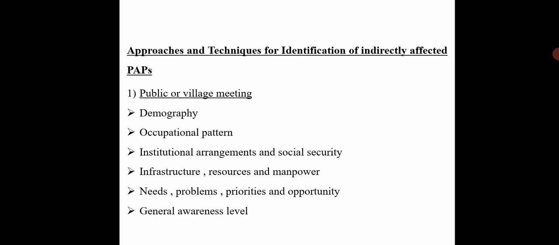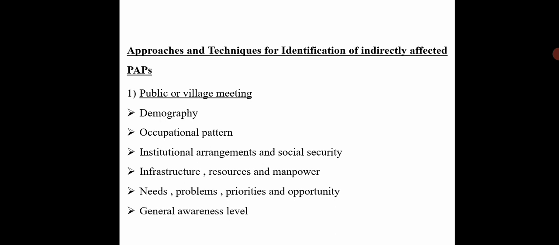Similarly, let us see the approaches and techniques for identification of indirectly affected persons. Public or village meeting. Via public or village meeting, we can gain some information like demography. Demography is nothing but the statistical study of human population with reference to size and density.